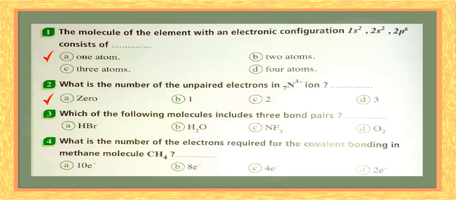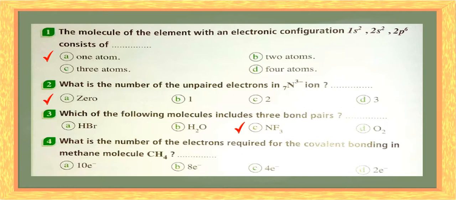Here we have nitrogen in the center with 3 bonds to fluorine, as nitrogen needed 3 electrons that react with 3 fluorine atoms. So this is the right answer. The last one is the molecule O2, and there is no bond pair here. It's a double covalent bond inside it.